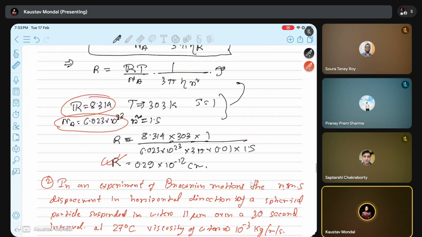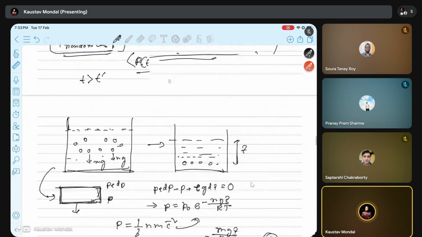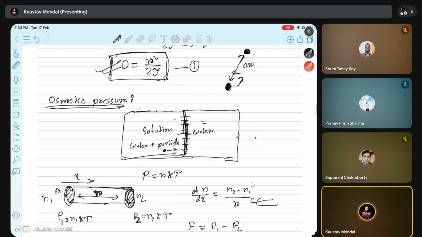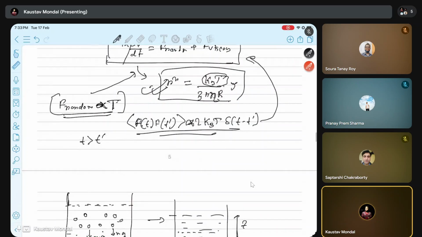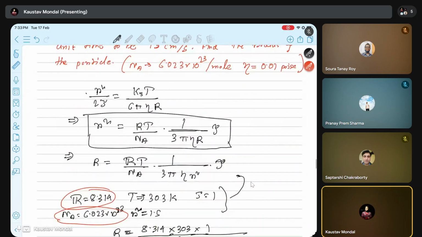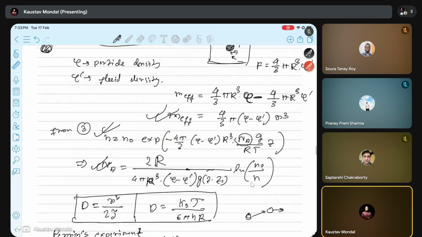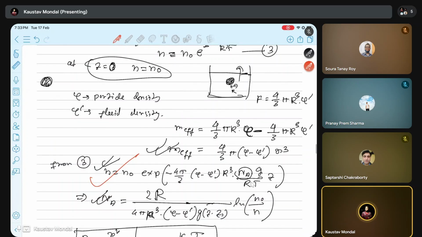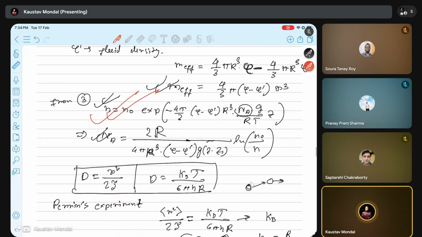And as you know, from the expression of the sedimentation also, if you compare the data with this expression particularly, from here itself you will get the expression of the Avogadro number.